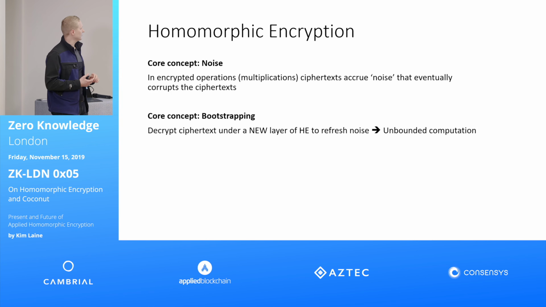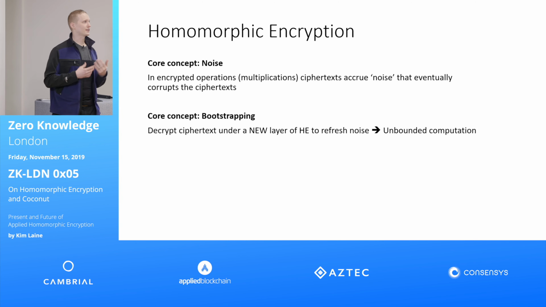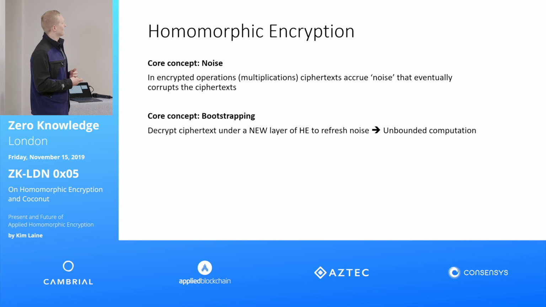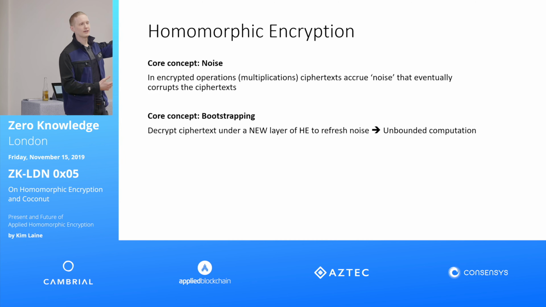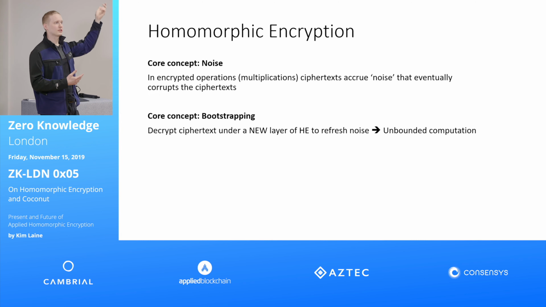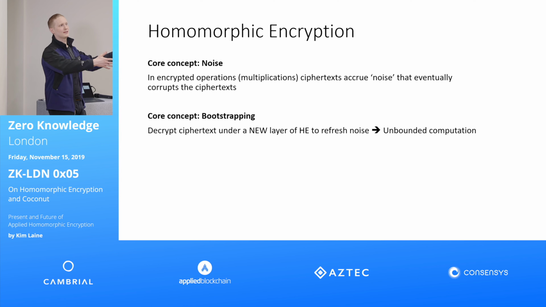Now, there's another core concept called bootstrapping, one of Craig Gentry's great inventions. The idea is really neat. Suppose you start computing on that fresh ciphertext, and your noise increases up to some level. Now you can't compute anymore because it would get corrupted. But you can encrypt it under a new layer of homomorphic encryption.